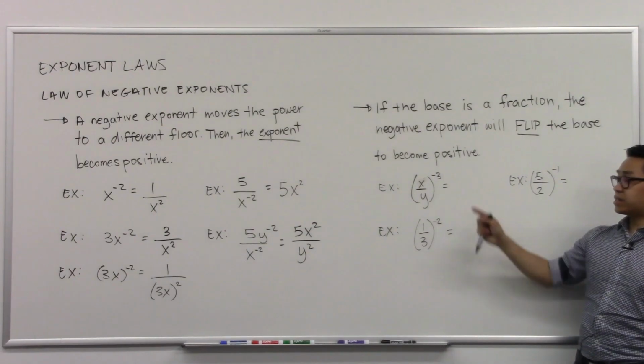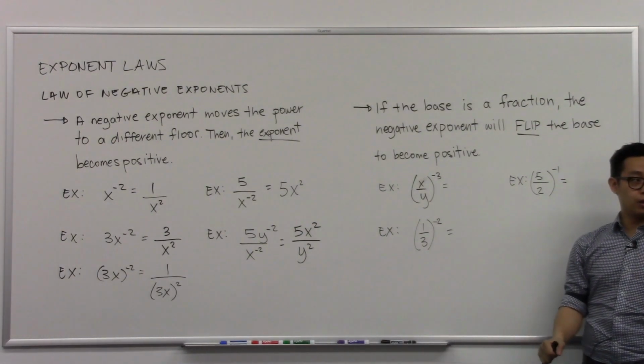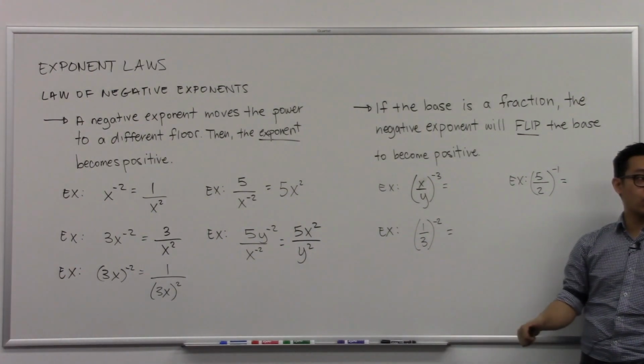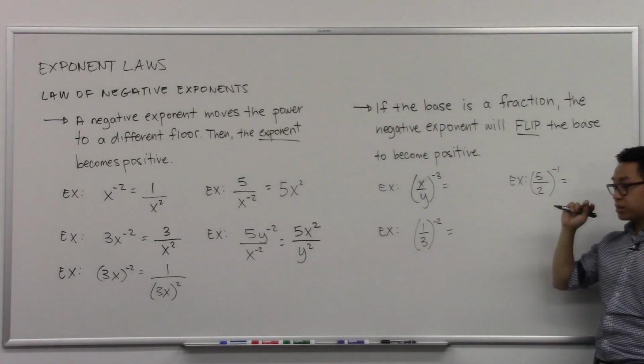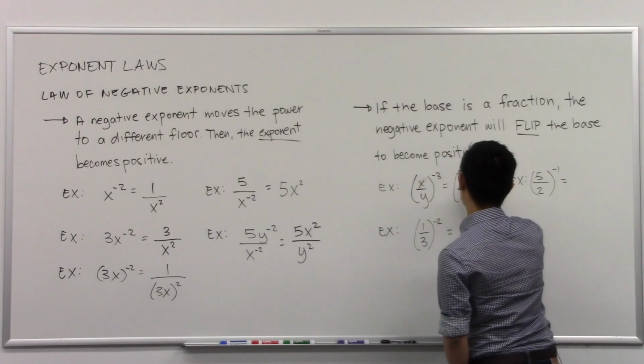So when I have x over y to the negative 3, the negative 3 is applying to both the x and the y. So to make it positive, it flips the fraction to make it y over x to the 3.